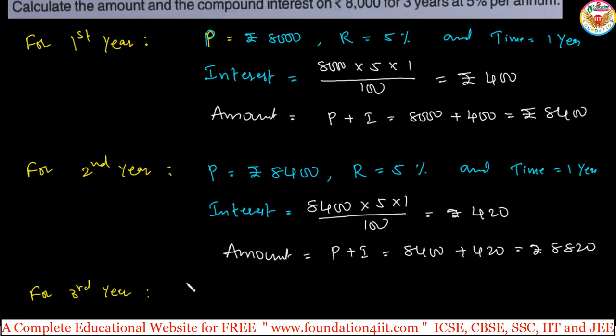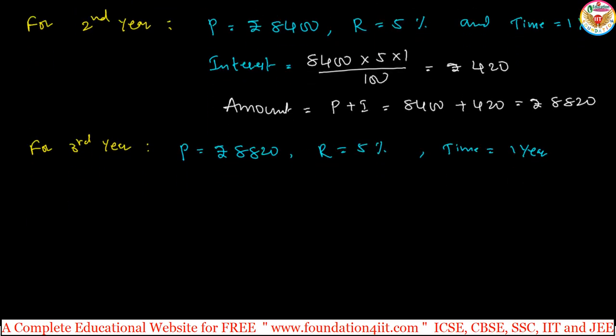Now you observe the P value. Always remember, the previous year amount becomes the next year principal. Now the principal for the third year is rupees 8,820. Same rate of interest, 5%, and time is equal to 1 year. Third year, don't take 3, it is 1.